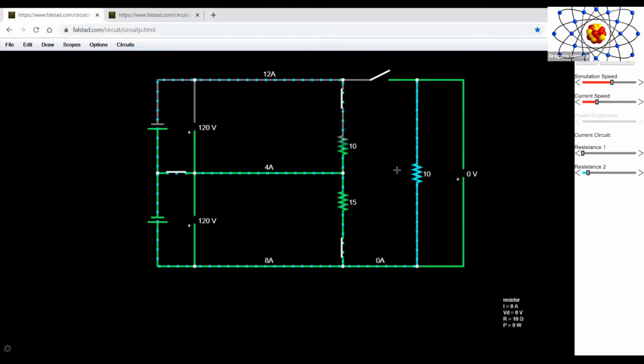Now that I have 10 ohms, you can see that the total current that starts to flow through the circuit is going to be like 12 amps. That's going to be my total current. And through this resistor, I have a flow of how many amps? 12. 12 amps flow through this resistor.